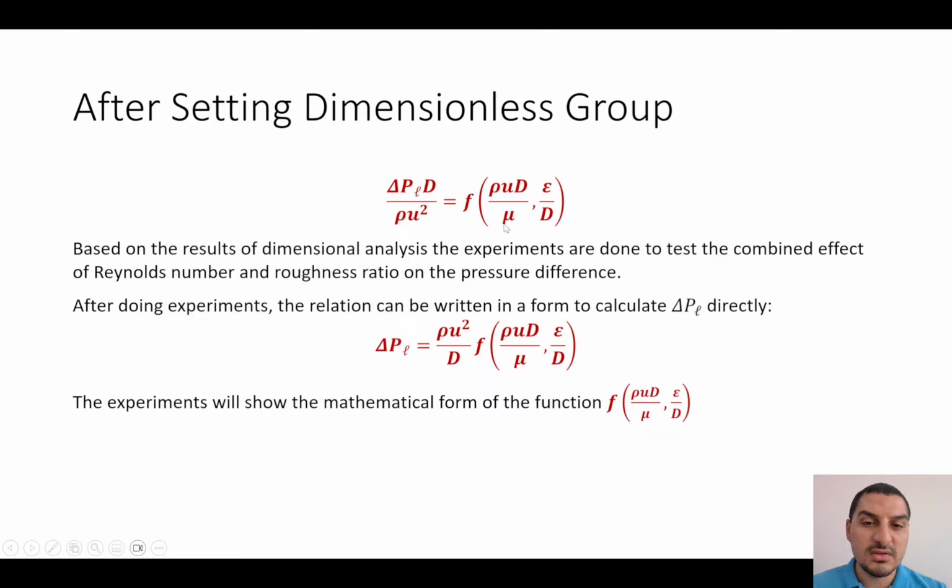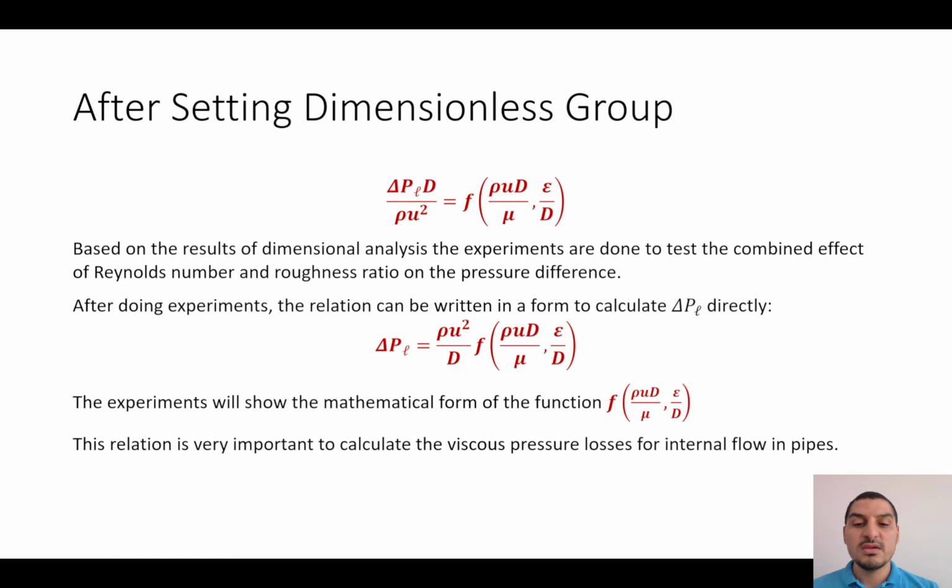So it doesn't matter if we change the density or the viscosity, and we don't have the problem of changing one and keeping the other constant, as we said before. This is what we're going to see in detail in the next video: how this function looks and how we can use it to calculate the pressure drop and the head losses in internal flow in pipes or tubes.